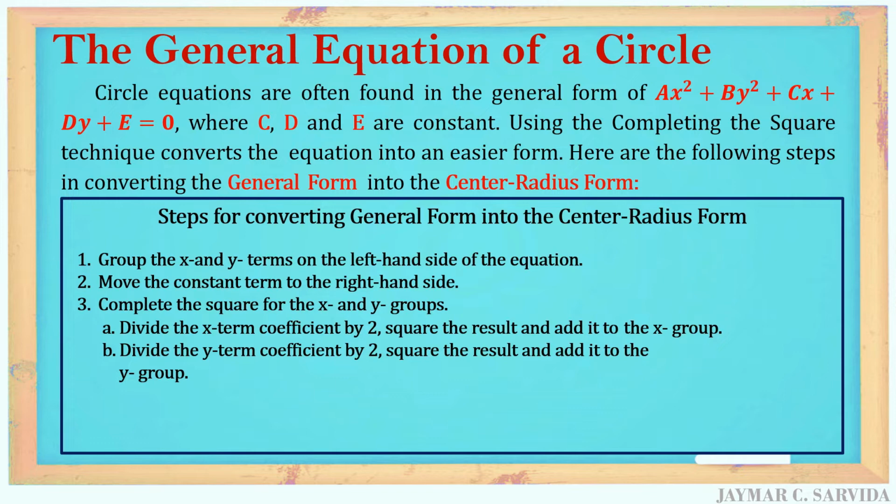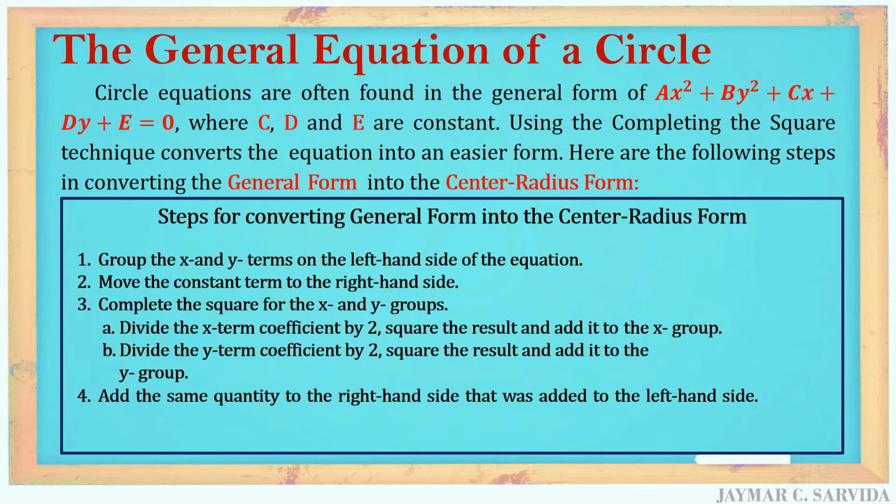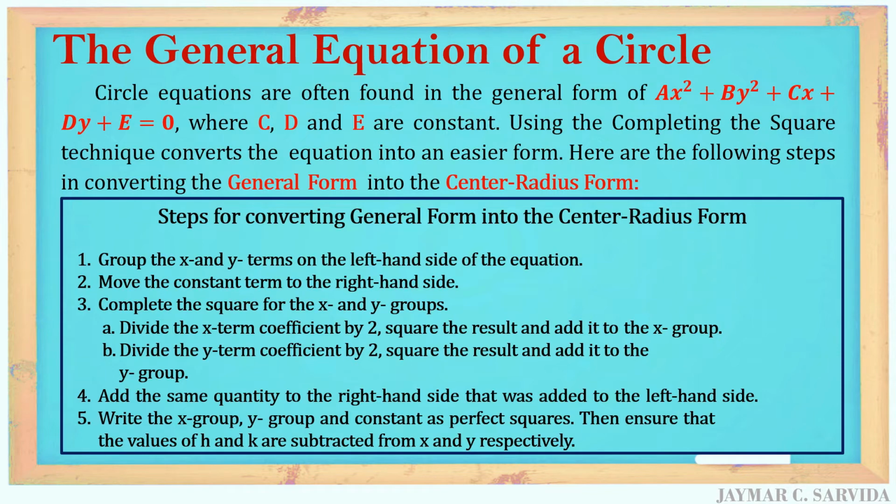Then divide the y term coefficient by 2, square the result, and add it to the y group. And number 4, add the same quantity to the right-hand side that was added to the left-hand side. Number 5, write the x group, y group, and constant as perfect squares, then ensure that the values of h and k are subtracted from x and y respectively.